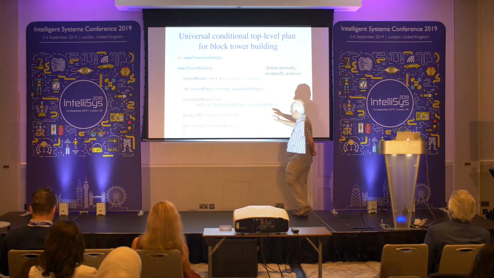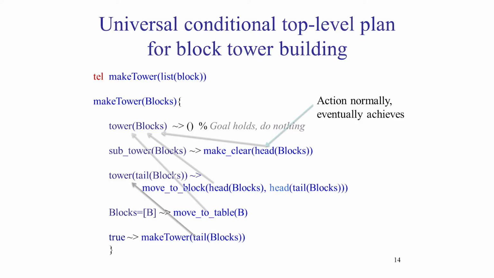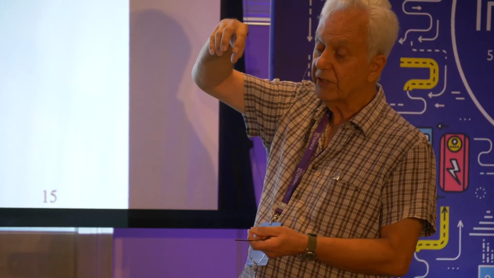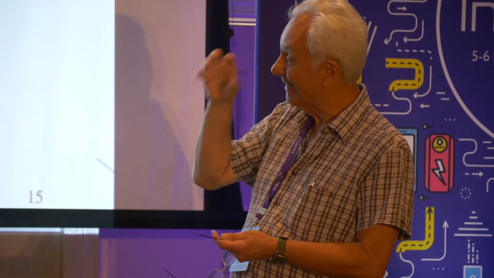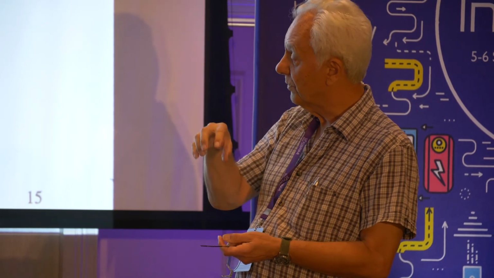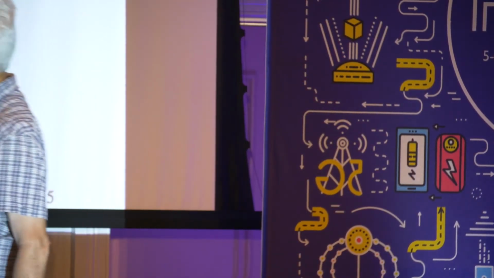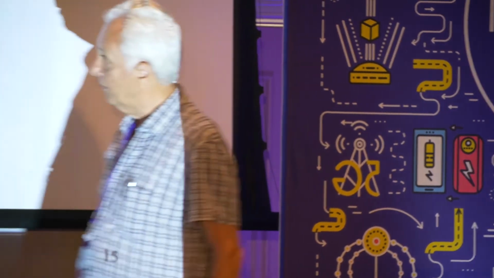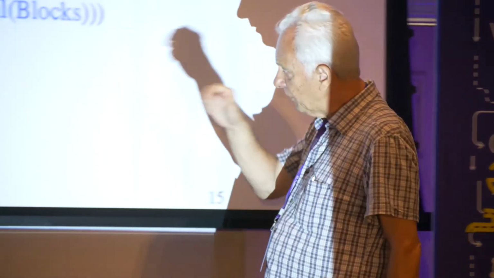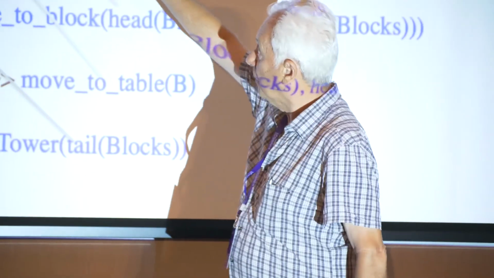Now, here are two sub-goals of it. Here's a sub-goal. Well, suppose there is a tower there, but there are extra blocks on top. Well, in that case, the sequence of blocks you've got is a sub-tower of a bigger tower. In that case, you make clear the block that's the head of those blocks. The other sub-goal, right, and that will achieve that.